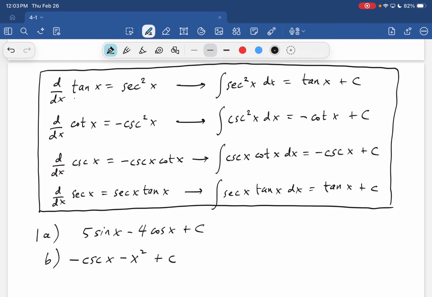Wow, I have some typos here. I just noticed them. That's secant, right? Okay, there should be nothing else.